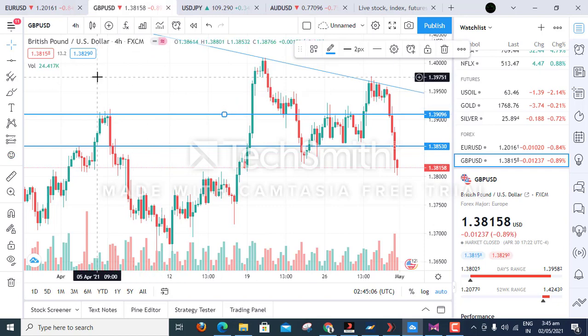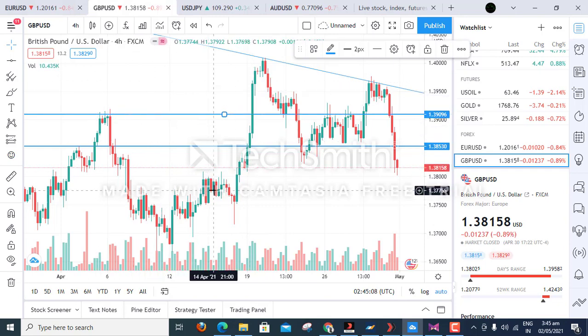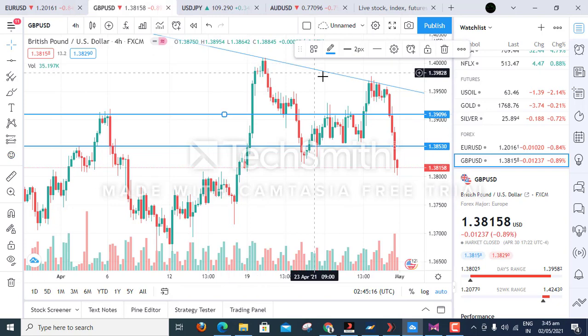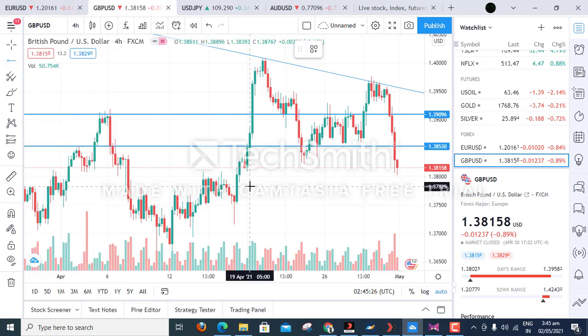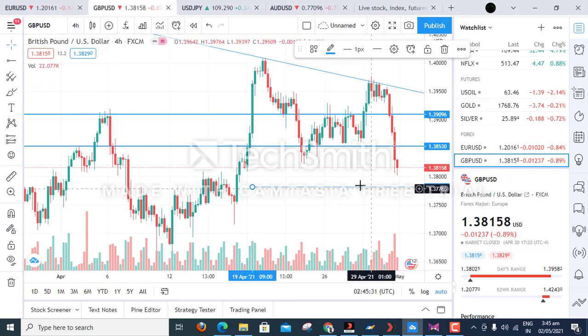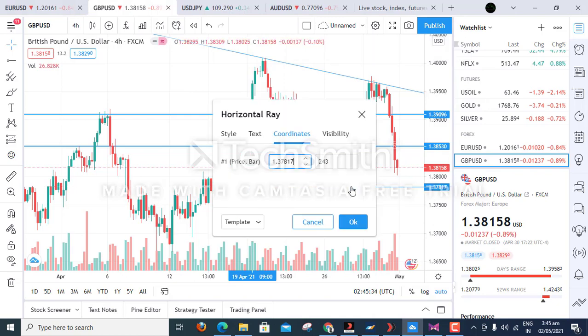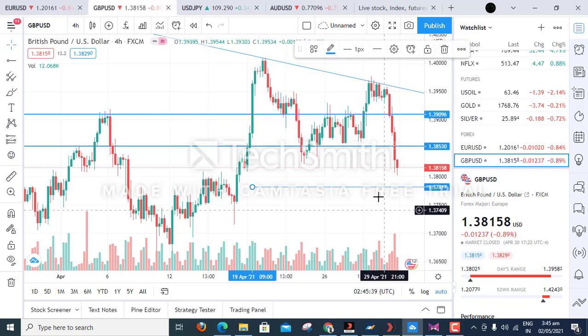Then my TP is going to come at the next resistance level, which is around 1.37520. 1.37520 is going to be my TP. Let me pick my horizontal line again for my TP. Sorry, let me just delete this.